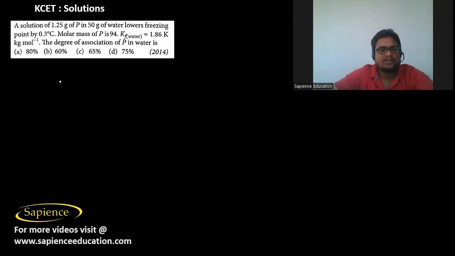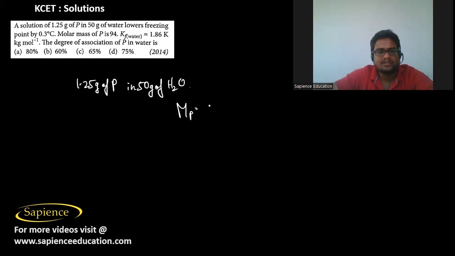Then it is told a solution of 1.25 gram of phosphorus in 50 gram of water lowers the freezing point by 0.3 degree Celsius. The molar mass of phosphorus is 94, and Kf, which is the constant for depression in freezing point.